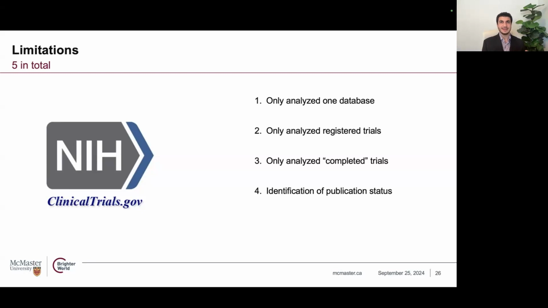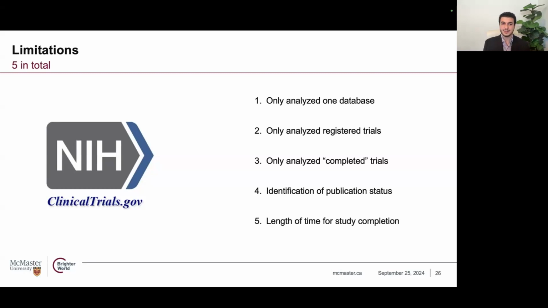So roughly 650 trials we manually reviewed by checking Google Scholar, PubMed, and clinicaltrials.gov. And we manually checked whether that paper was published truly or not. And we found out that clinicaltrials.gov actually underestimated the true percentage of publication. So that's a fourth limitation.